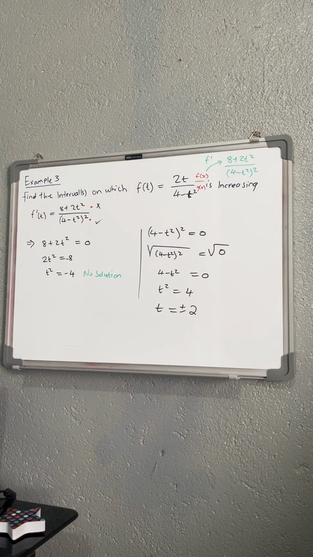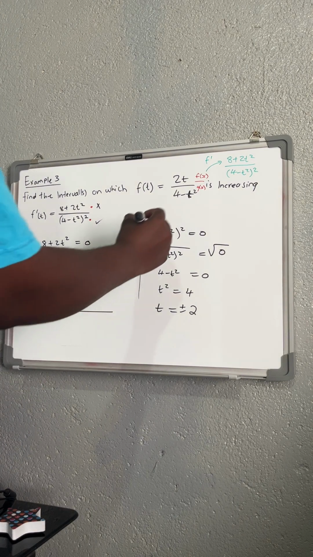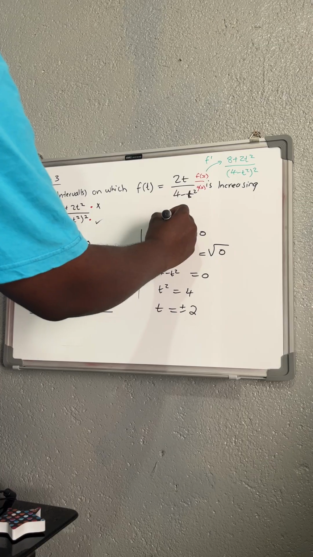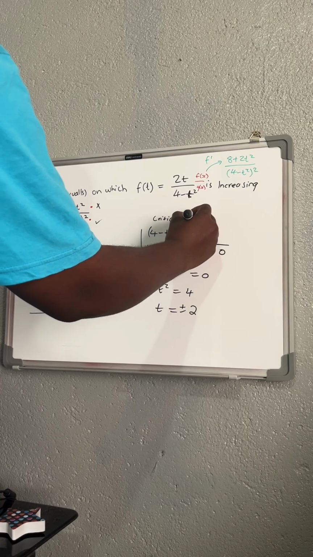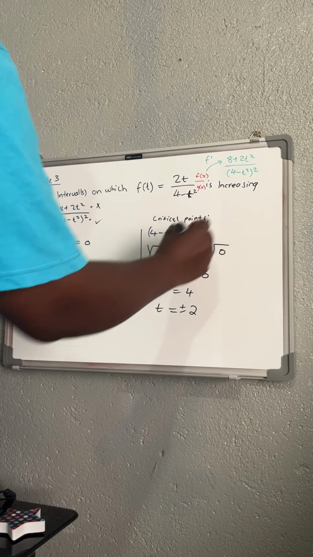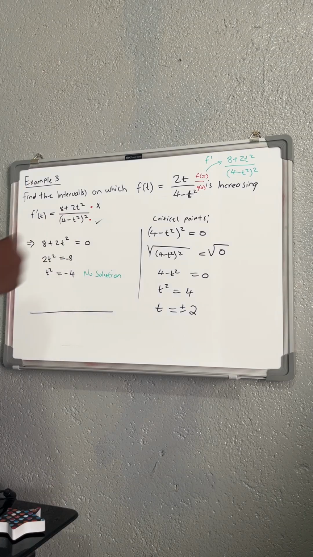Since you had no solution for that one, we have to go to our number line. Remember here, you can even write this would be your critical point. Also even here you can write that would be your critical point.